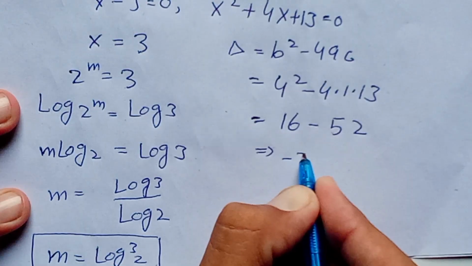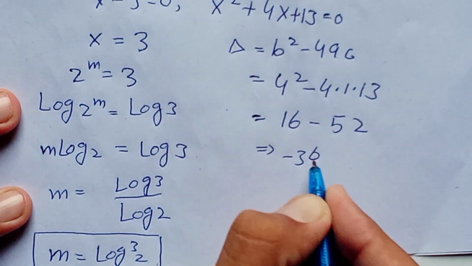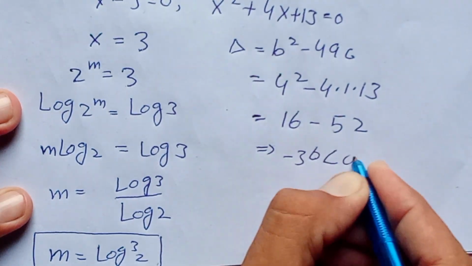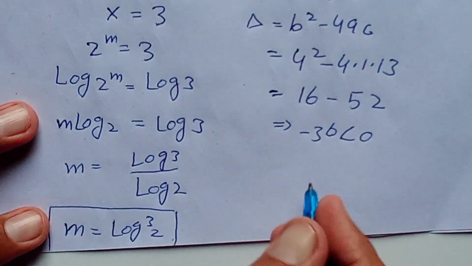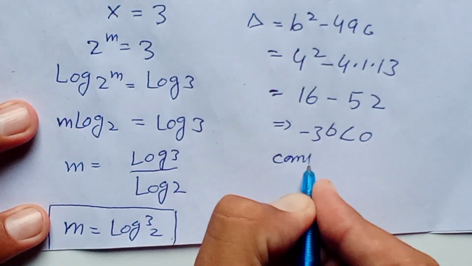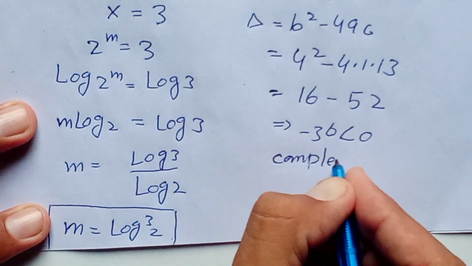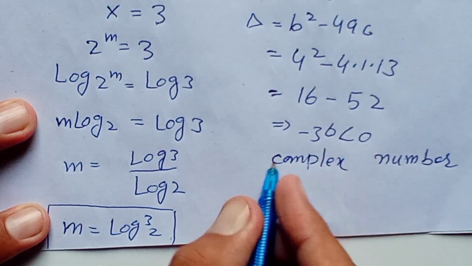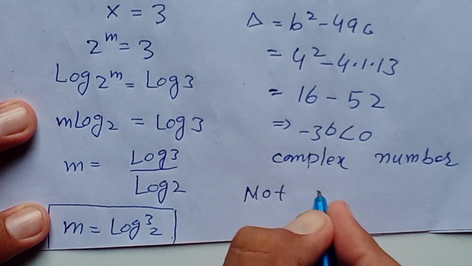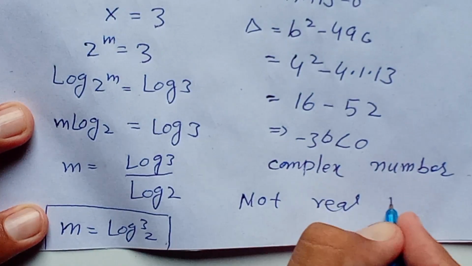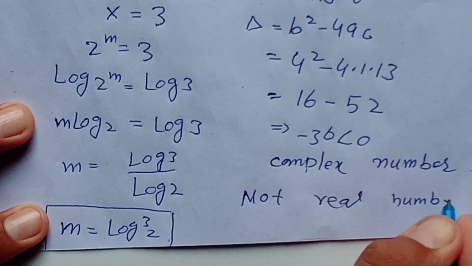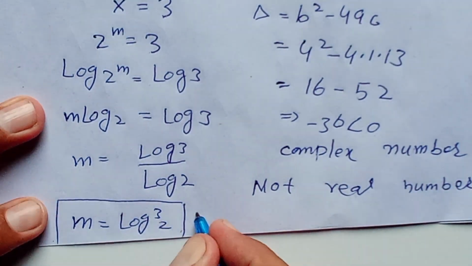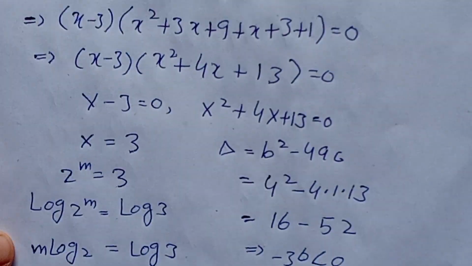So the answer is minus 36, which is less than 0. So this is a complex number, not a real number. Okay guys, so our answer is m equal to log base 2 of 3.